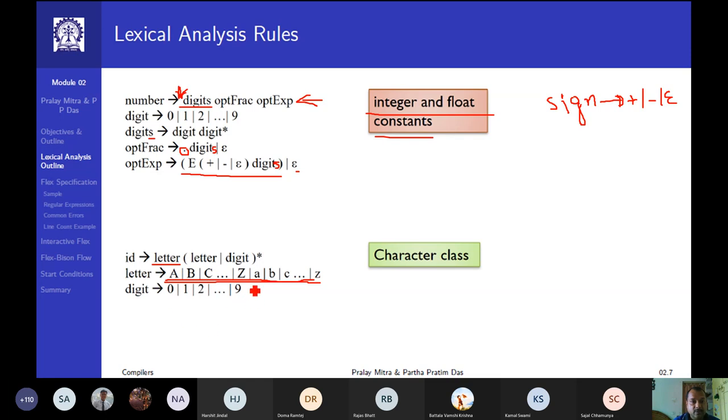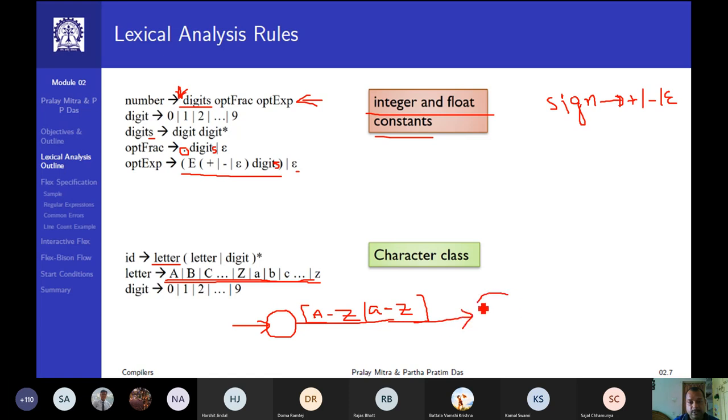9. Now, for this, I do not have any separate slide for the FSM, because this is very simple. There is only one start state, and there is a transition for A to Z capital or A to Z small.